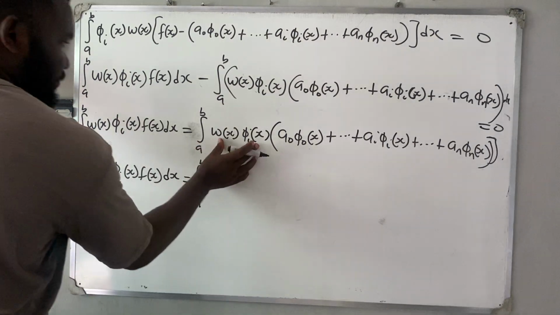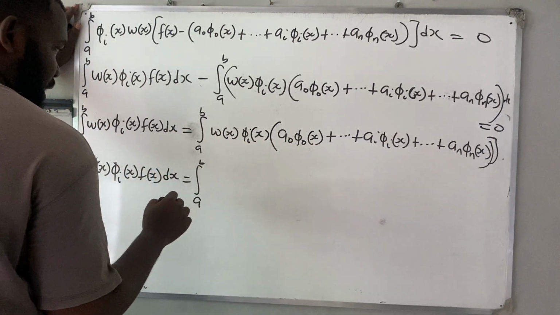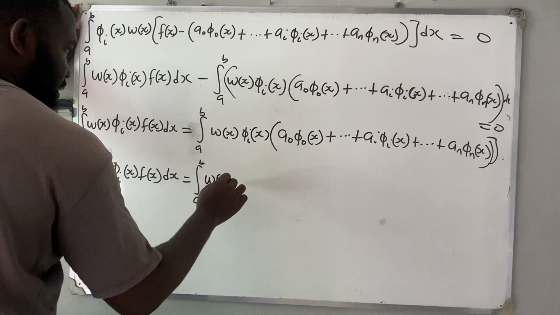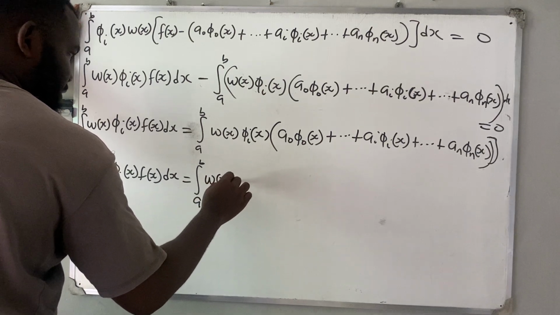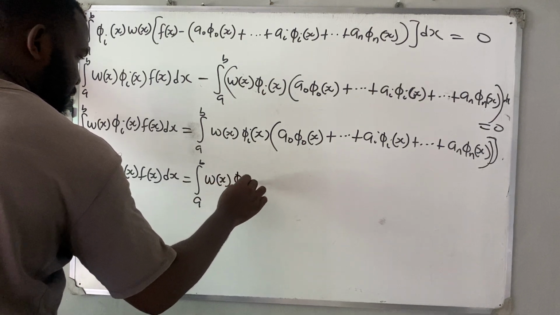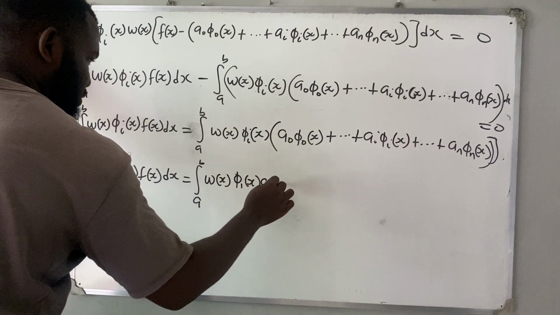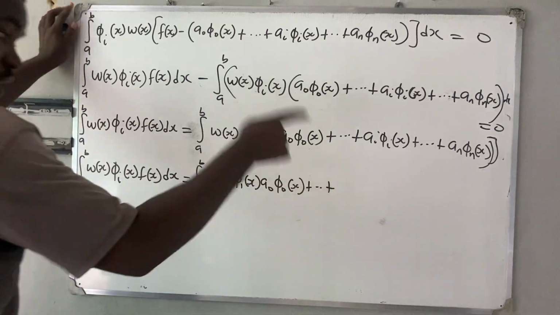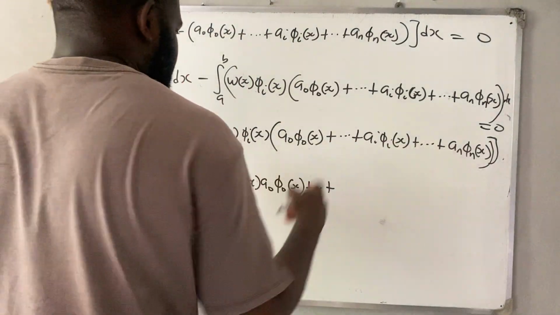Let's multiply. Everything here will multiply the first one here to have w of x, phi i of x, a naught phi naught of x, plus dot dot dot plus the next one.